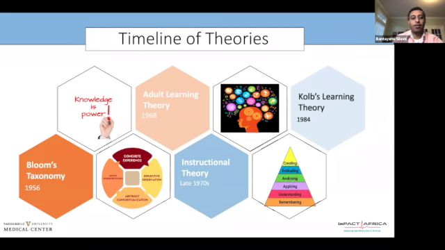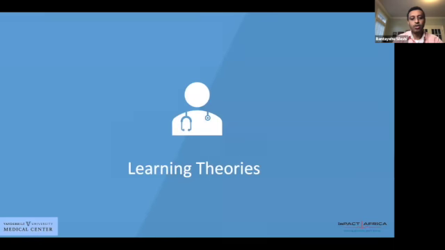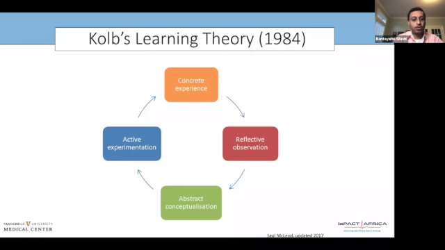So there's tons of theory, there's tons of people that have spent time learning this, but I'm going to mention 2 of the learning theories that had more impact on me, and that I thought were reasonable for how I teach. One of them is Kolb's learning theory.